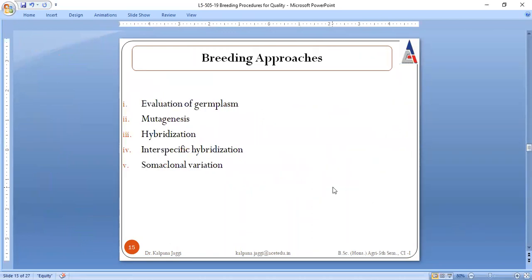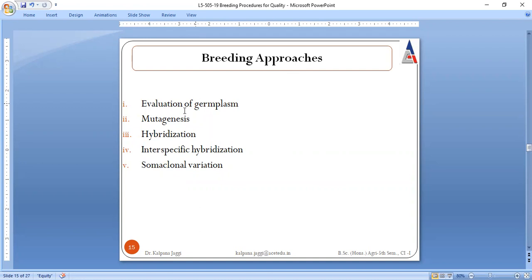Now, quality traits are clear to all, and sources for quality traits are also clear to all. So we can easily go for breeding, and these are the breeding approaches by which we could improve quality.